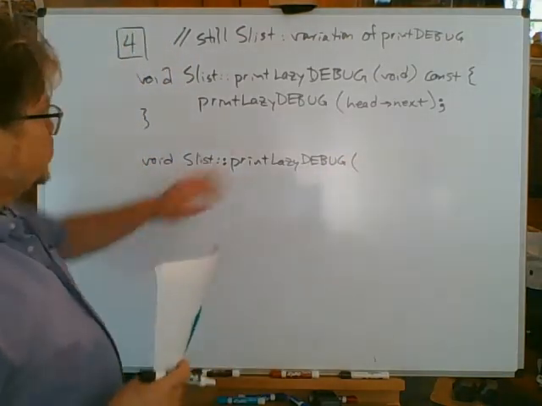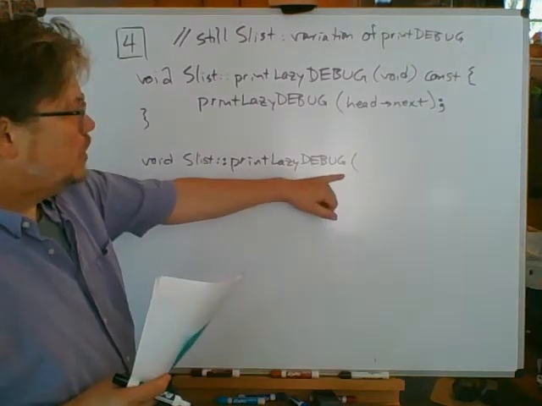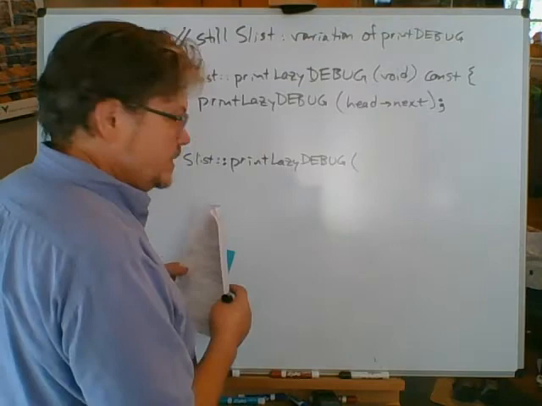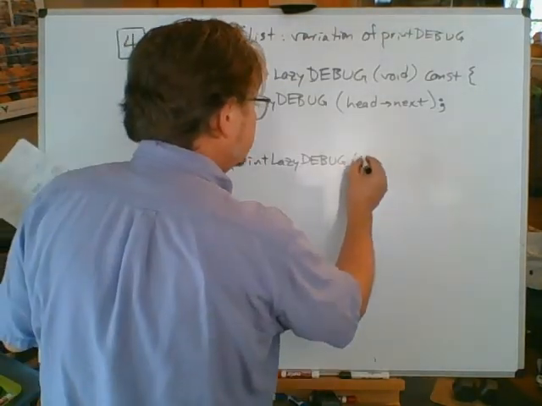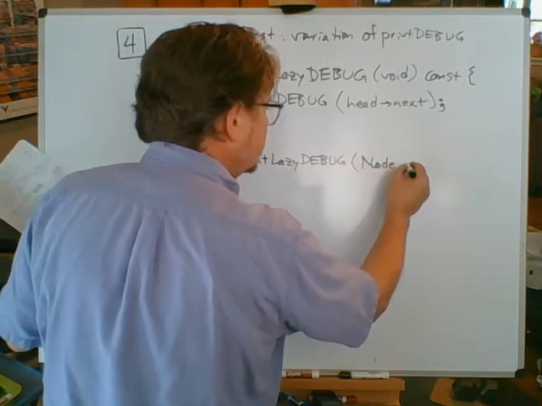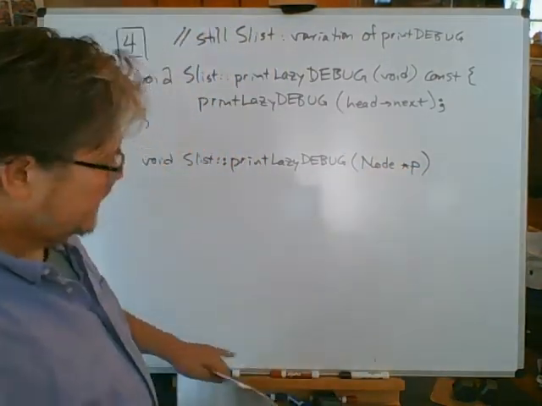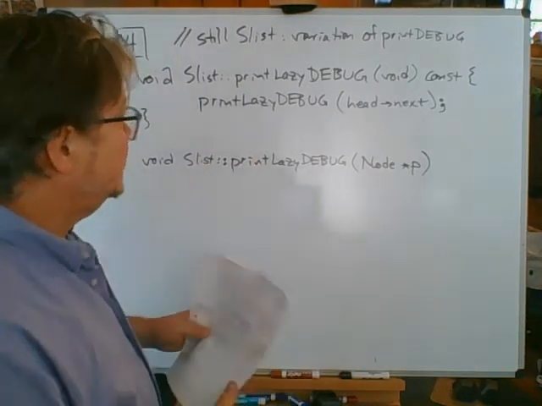Let's see. Let's reverse engineer. If they're passing in head arrow next, what kind of a thing is that? What kind of parameter is this expecting? You're exactly right. Surprising I can hear you so well through your phones and computers, huh? This is accepting a node pointer. And just to keep it easy to spell, I'm going to call the variable name P. I think I can spell P. Print lazy debug node P, and here's the rules.